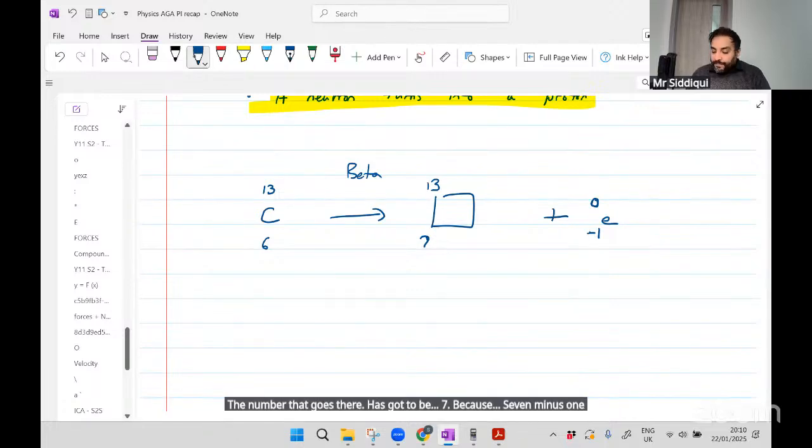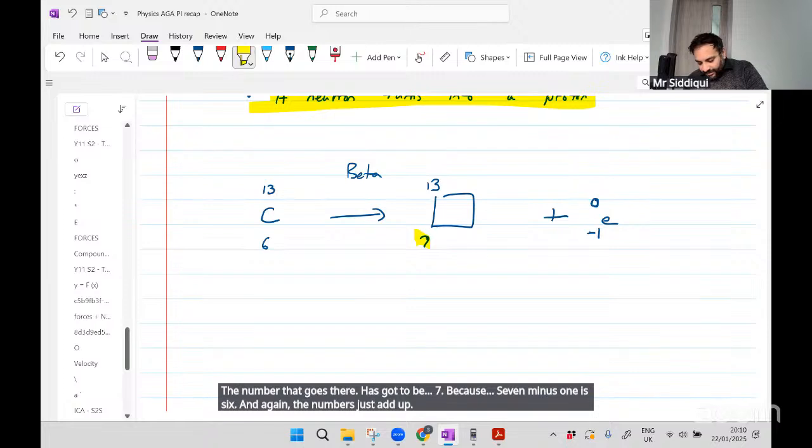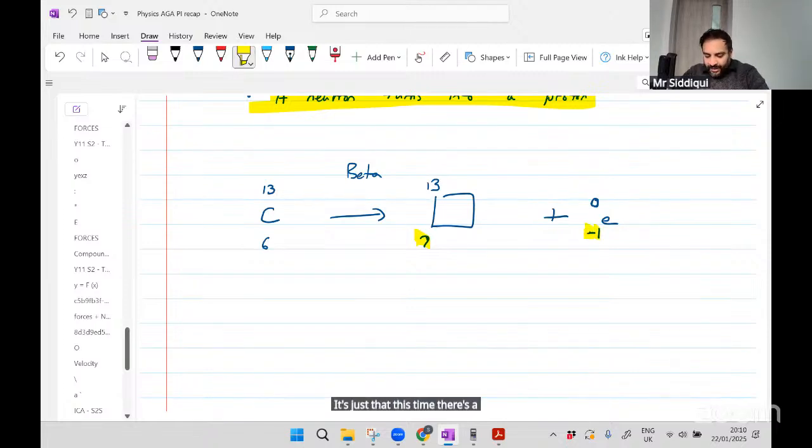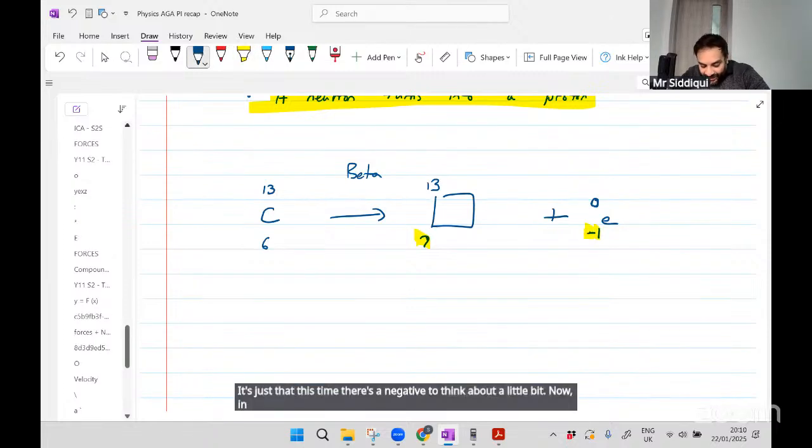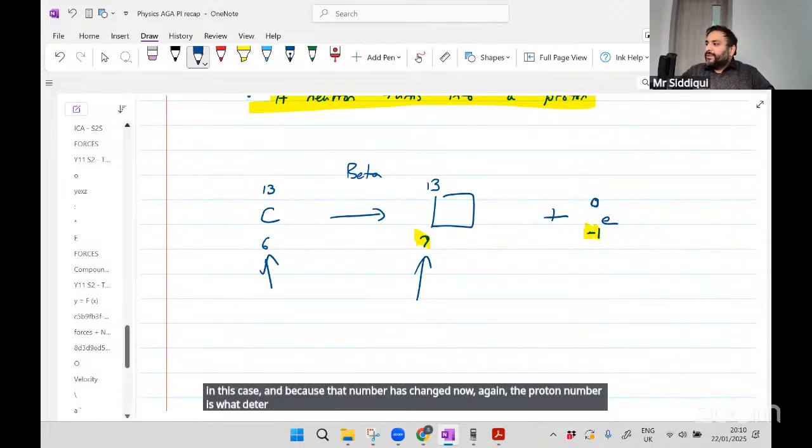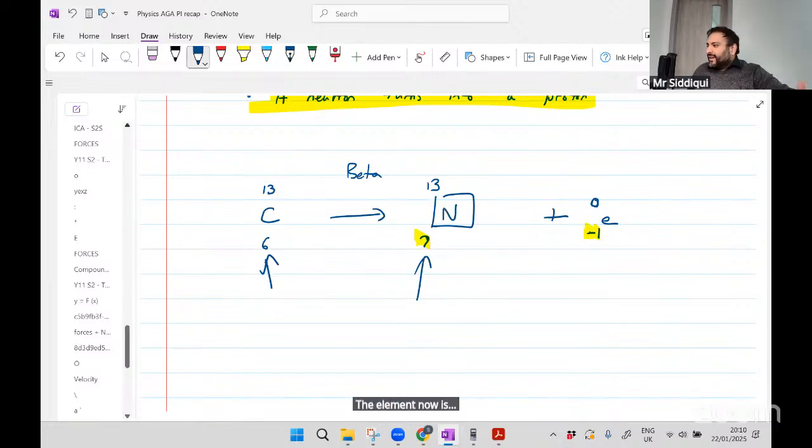It's just that this time there's a negative to think about. Because that number has changed, and the proton number is what determines a change of element, the element now is nitrogen in this case.